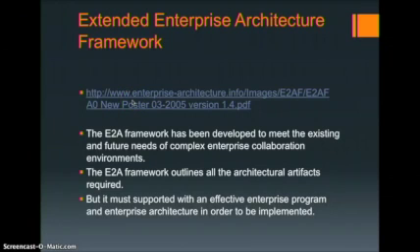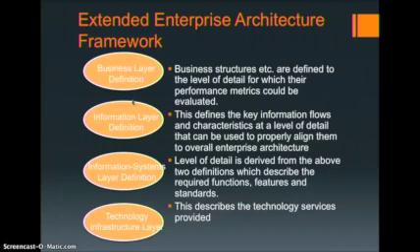Coming back to our slide here, as we saw, the extended enterprise architecture framework had 4 layers, and Schekkerman says that each layer has to be defined at an appropriate level. For example, the business layer is defined to the level of detail for which its performance metrics could be evaluated.